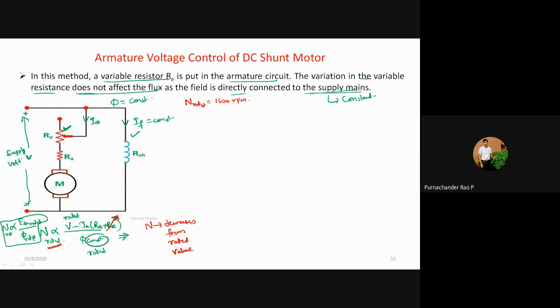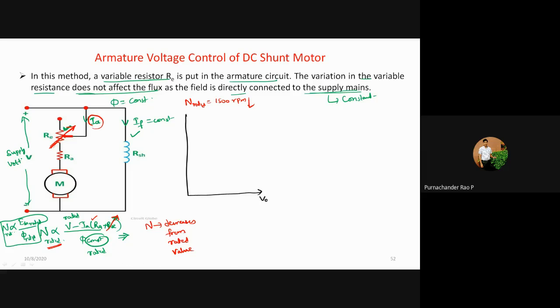Now you are varying the armature resistance here. The resistance in your armature circuit is varied, and because of this there is a variation in the current, and the drop is also varied, and your speed gets reduced from 1500 RPM only. Therefore you can draw the characteristics for the speed versus armature voltage.